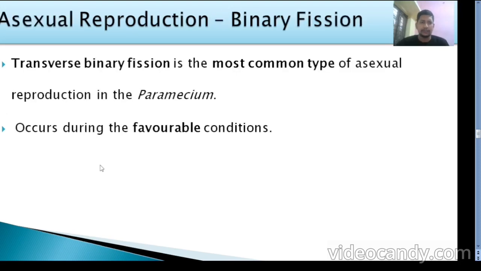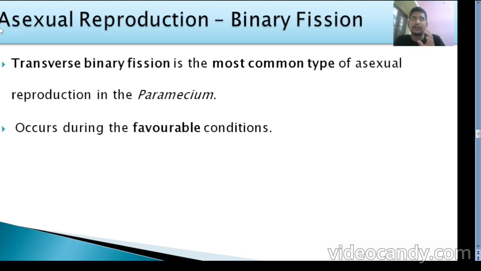Now let us first discuss in detail the asexual reproduction, that is binary fission. You know the meaning of asexual reproduction: A means one. It's a type of reproduction which involves a single parent, and here no gamete formation takes place.